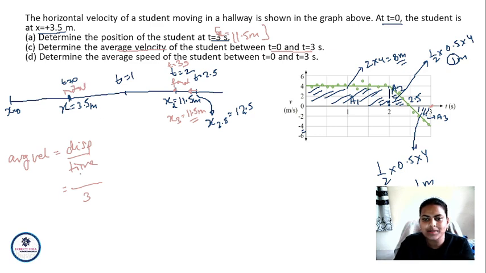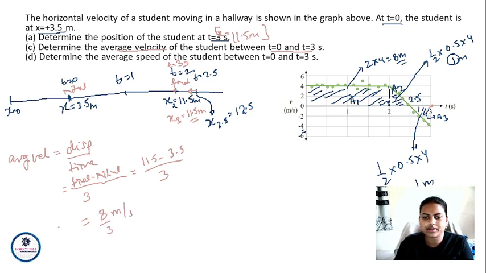So displacement is final minus initial, 11.5 minus 3.5, divided by time. In how much time? 3 seconds. So we get 8 upon 3 meter per second. This is the average velocity.